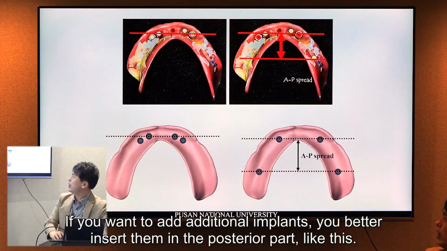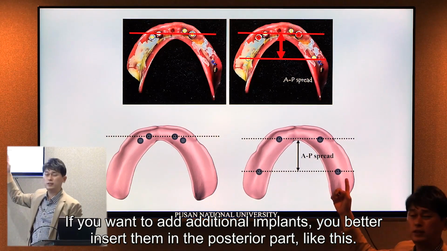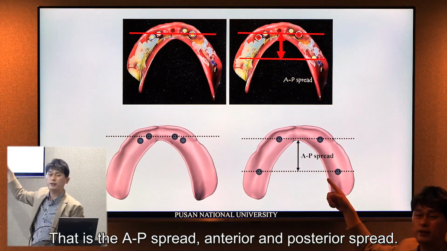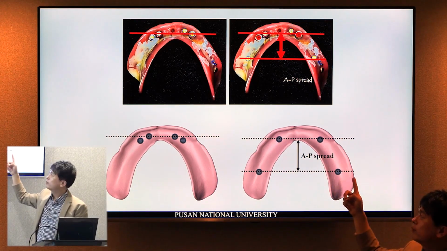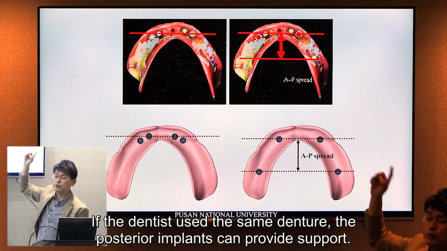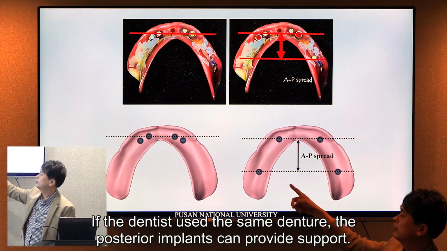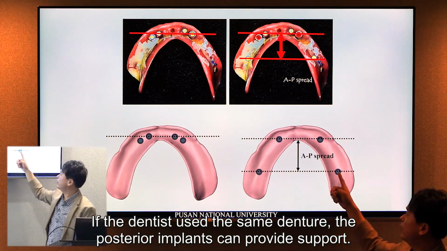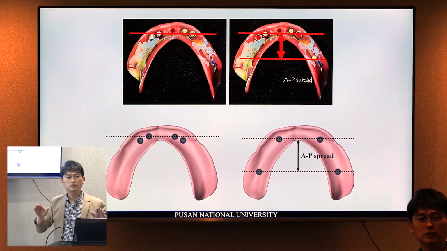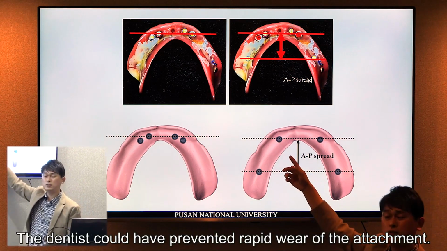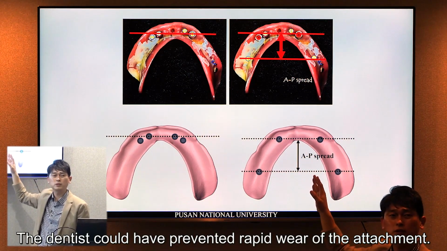So if you want an additional implant, you have to insert it in the posterior part like this. That is the AP spread, anterior and posterior spread. If the dentist uses the same denture, this posterior implant can resist and support, so the dentist could prevent the rapid wear of the attachment.